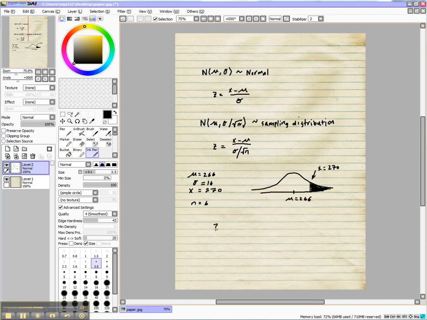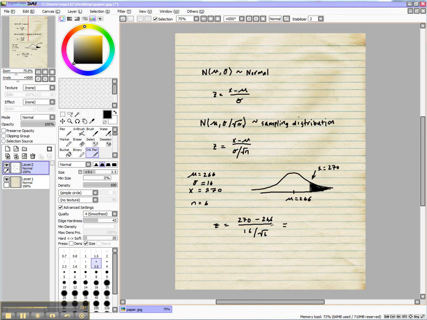Let's plug all the information that we have into the formula. So z is equal to 270 minus 266 all over 16 divided by the square root of 6.